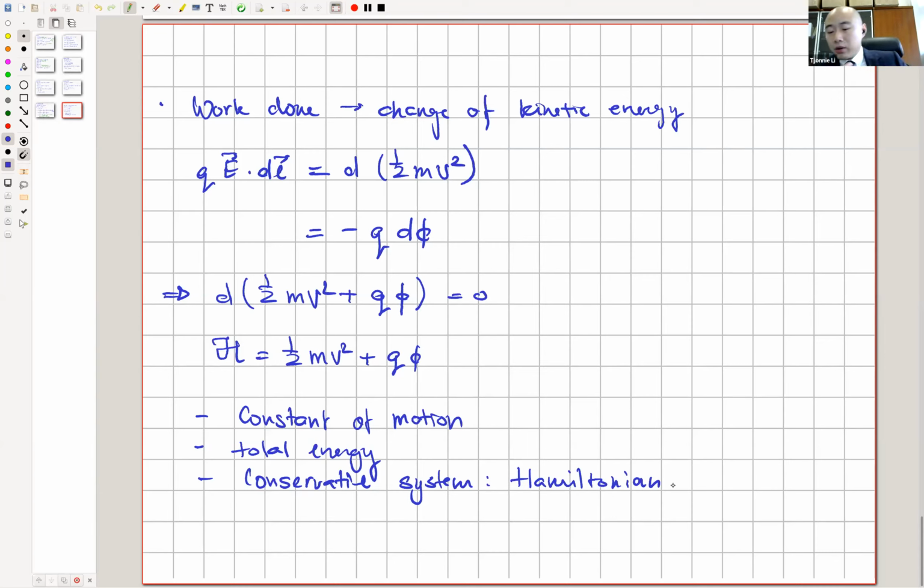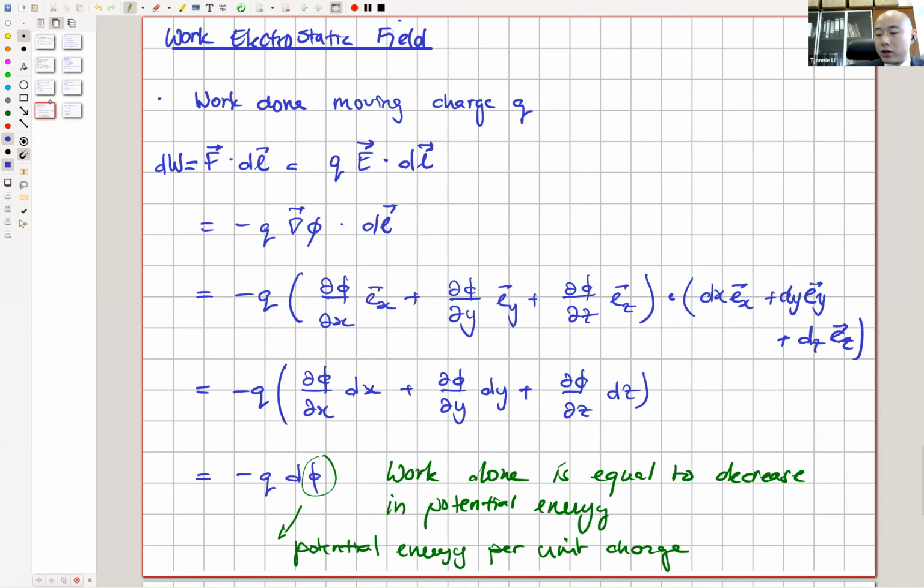I hope that people can also see the analogy with the gravitational force as well. Because here we've considered the electric field, but in our entire derivation and everything that we did up to here, there's no distinction between what kind of field we're talking about.